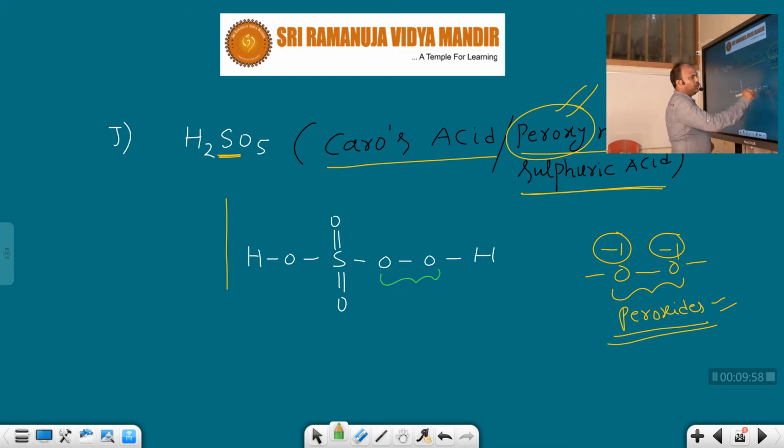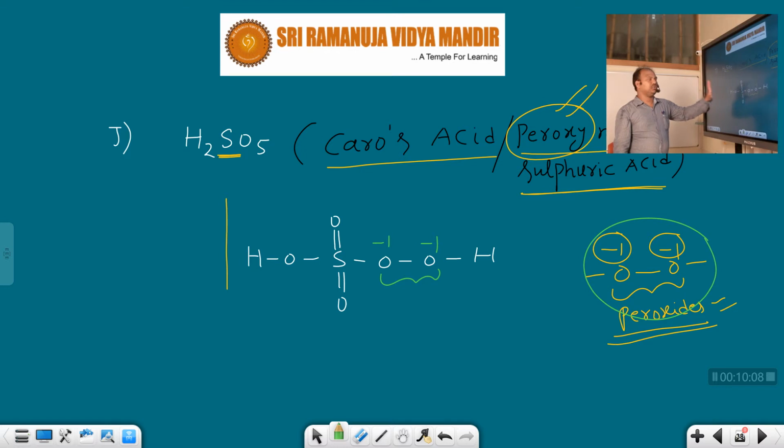A peroxy linkage is there. An O-O linkage is what a peroxy linkage is. Whenever a peroxy linkage is there, two oxygens exhibit a -1 oxidation state. Out of 5 oxygens in H2SO5, 2 oxygens have a peroxy linkage. As I already told you in the exceptions for oxygen, when a peroxy linkage is there, each oxygen exhibits a -1 oxidation state.